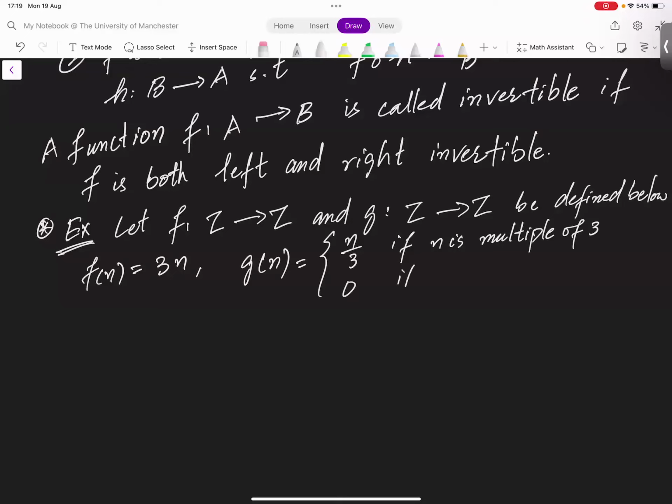Otherwise, it is 0 if n is not a multiple of 3. And this is true for all n in Z.